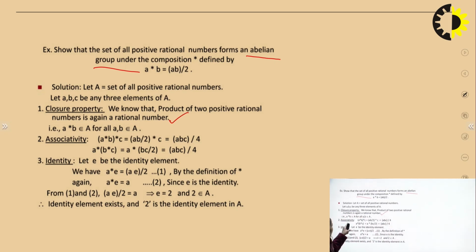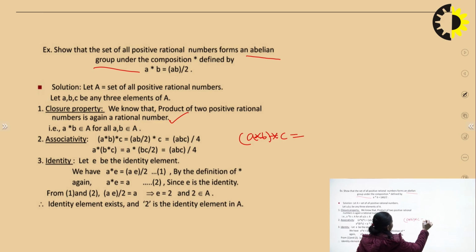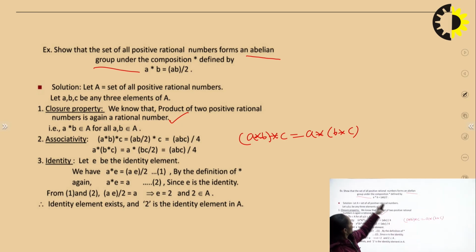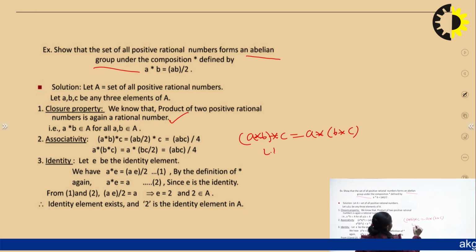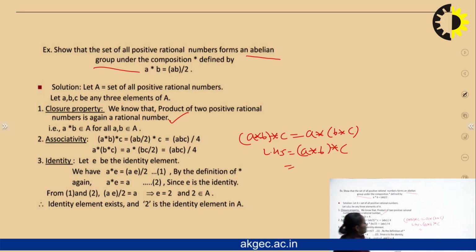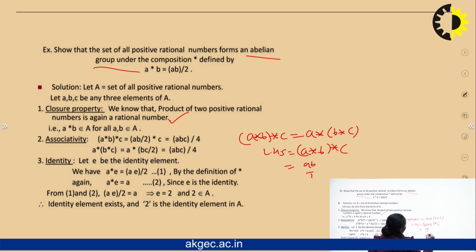Next, associativity. What is the associative property? A cross B cross C is equal to A cross B cross C. So we have to solve according to the equation. What is the meaning of A cross B? If we are talking about the left hand side of the equation, that is A cross B cross C, this is equal to, A cross B means AB divided by 2.